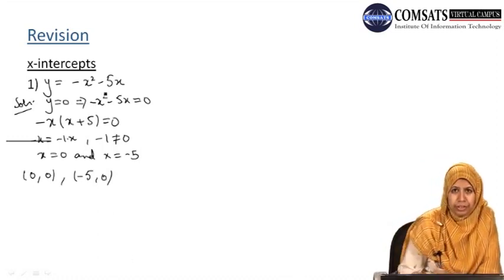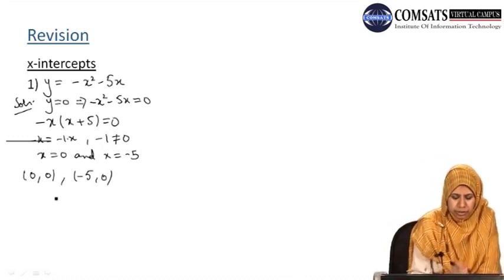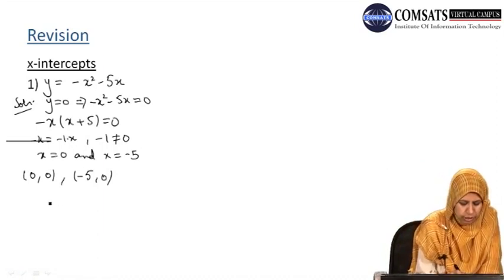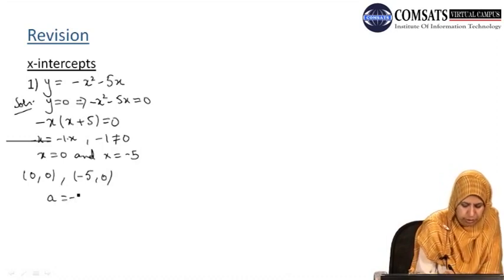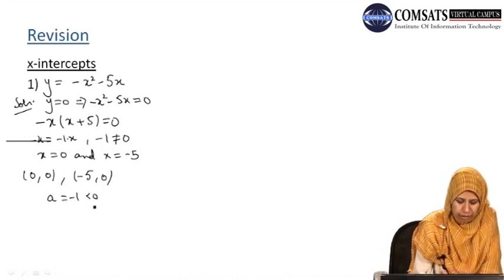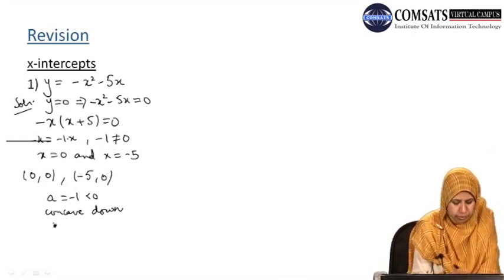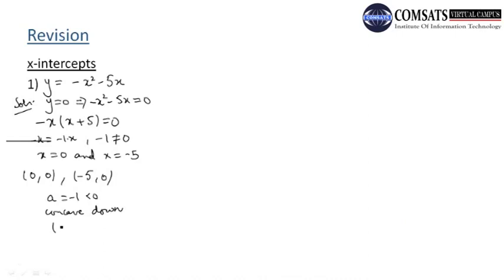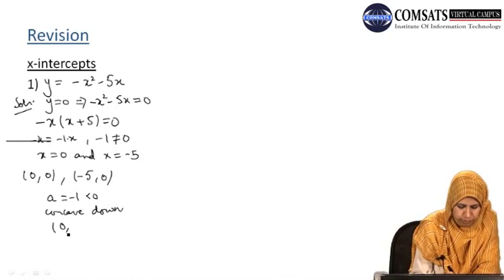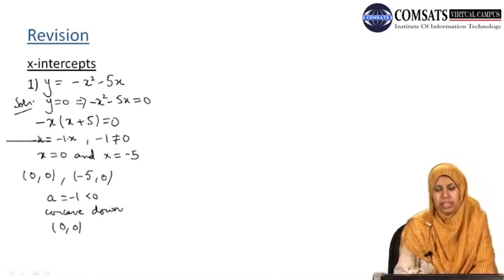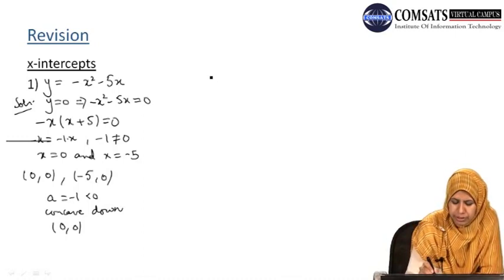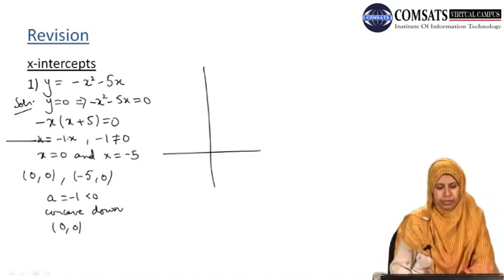Now, if we collect our previous information for this given quadratic function, the concavity was down because a is equal to -1, which is negative, so it is concave down, and the y-intercept was the origin.